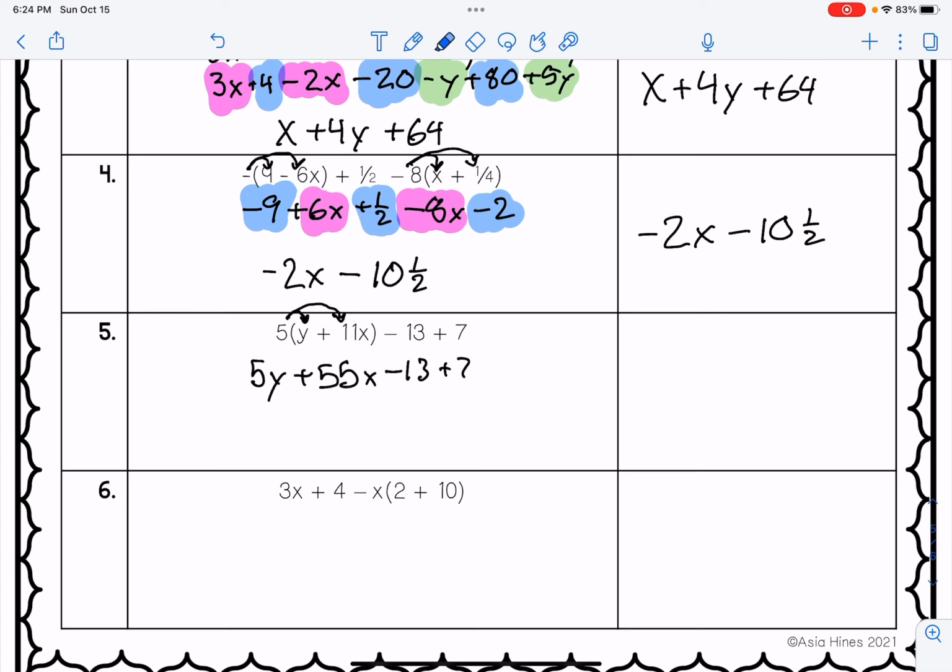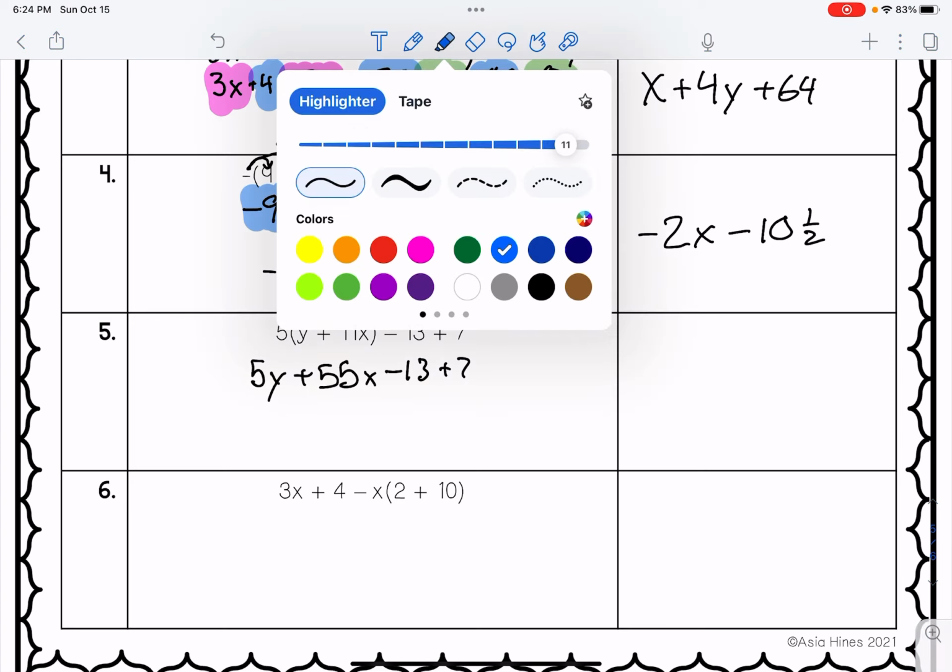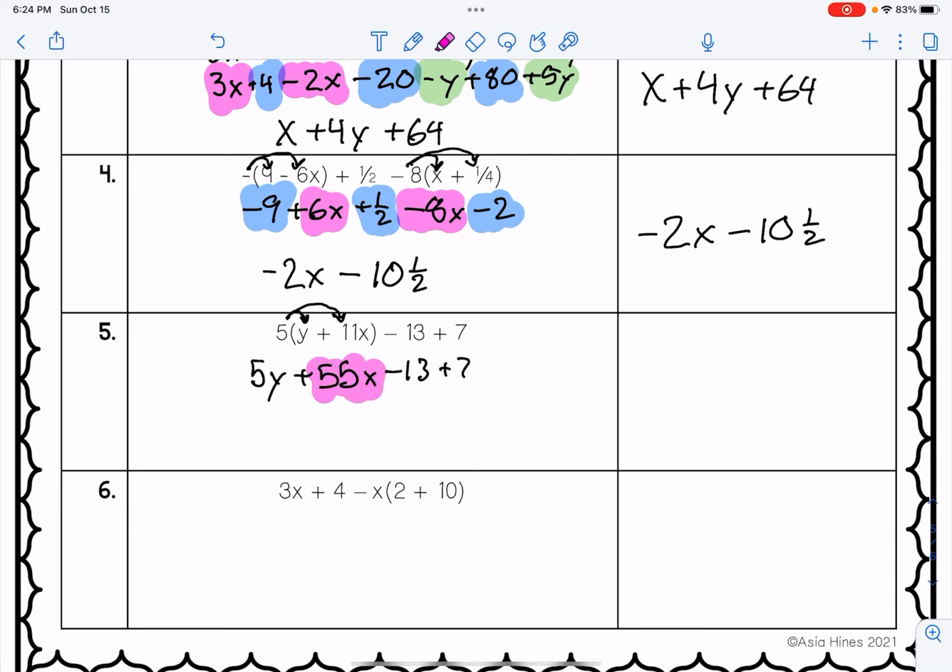All right, and dealing with my x terms, we have just 55x, so I'm going to leave that alone. I can go ahead and bring that over to my answer space too. Sorry, that's x's. And then dealing with the y terms, well, I've only got one. It's that lonely 5y out there. So we'll just bring him down as a plus 5y.